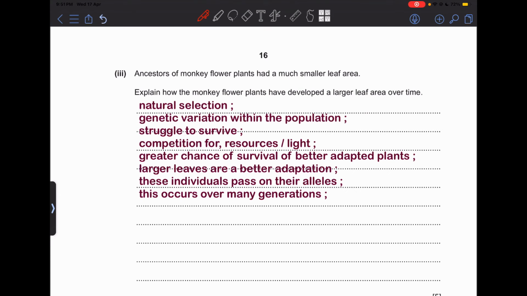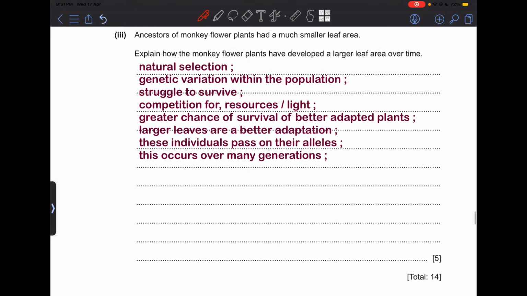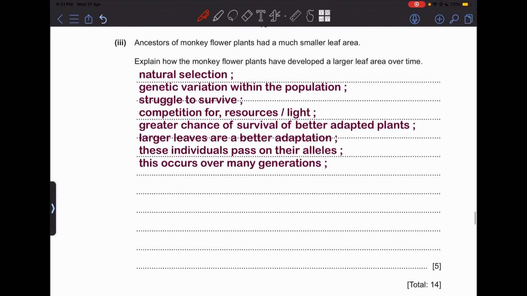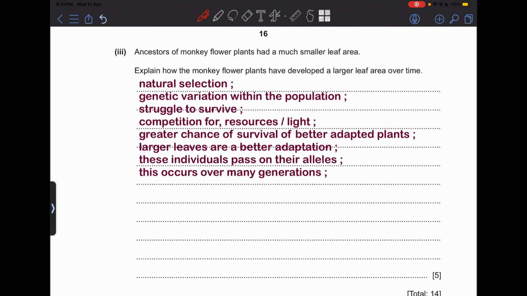Competition for resources and light is what made them change, and there is a greater chance of survival for better adapted plants. Larger leaves are a better adaptation because they can absorb more light or resources. These individuals pass on their alleles, and this occurs over many generations. So this is what resulted in the large leaf area that we have today.